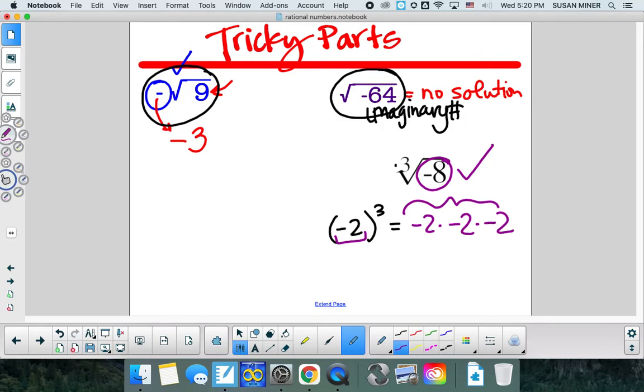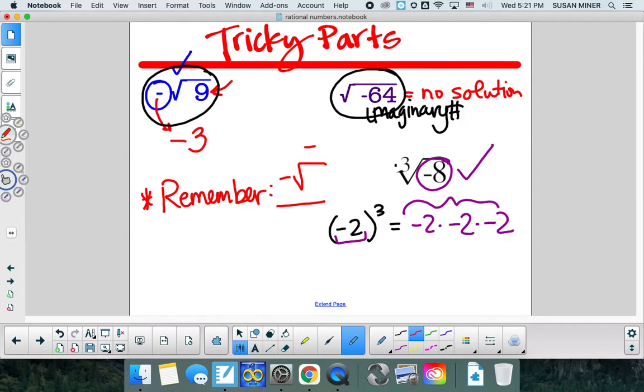And anytime I write something like this, remember, then that is something really important to put in your notes. So remember, if I have a negative outside, then my root is going to end up negative.